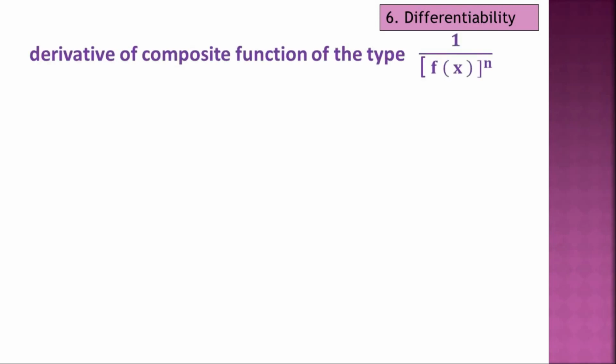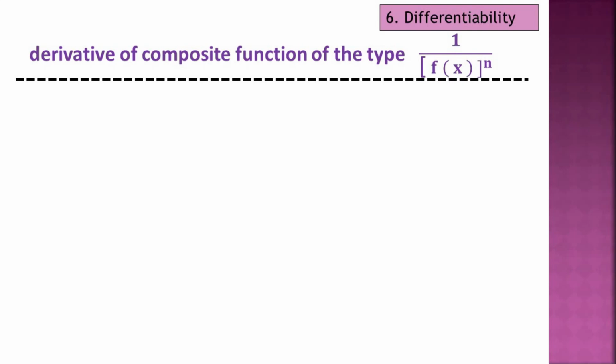Let me see the first type of function. The derivative of a composite function of the type 1 upon function raised to n. This function is a composite of the function 1 upon x raised to n. The standard function is 1 upon x raised to n, and that function is composite because x is replaced by f of x here. You can see that.